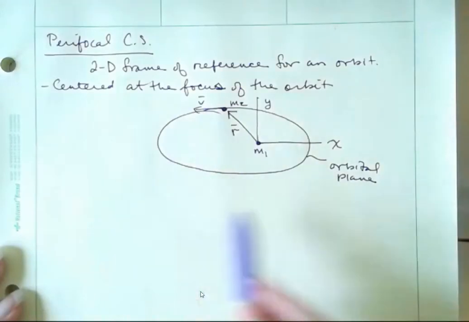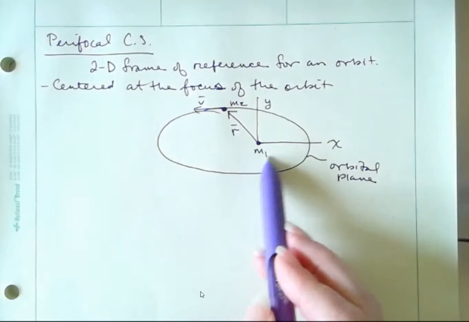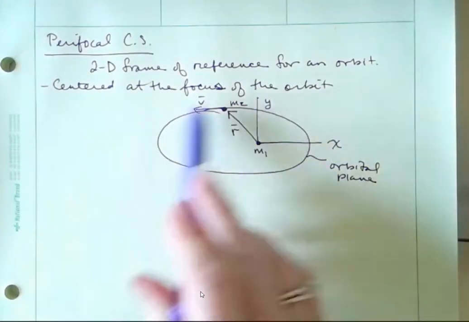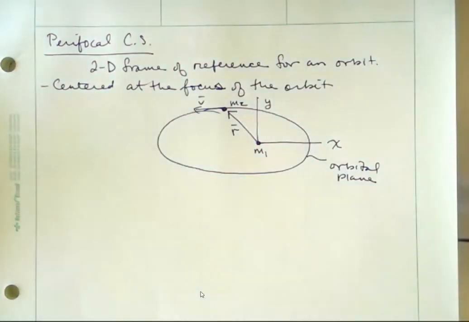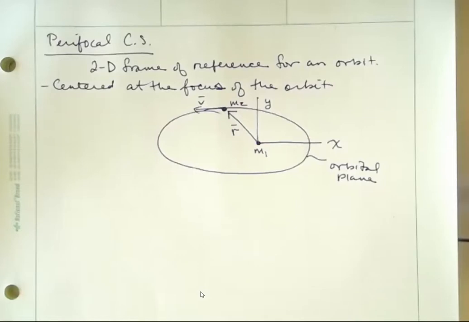So this is all in that orbital plane. So that's what the perifocal coordinate system is. It's centered at the focus, which is where your major planet, or major mass, is, and then you've got the satellite or orbiting object going in an orbit in the orbital plane. Alright, so now that we have that, now we're going to talk about orbital elements.